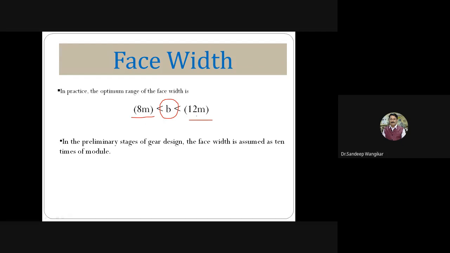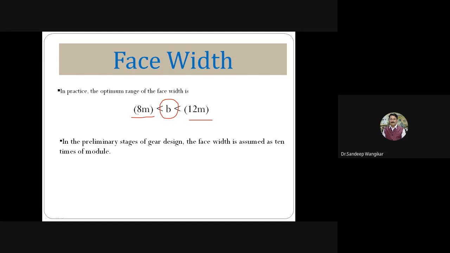In the design calculation, we have to express face width B in terms of module, so that the whole equation gets converted into module. We will calculate the module, and after that we put it in the formula B equal to, for example, 10 times m, and you will get the face width answer also. It is a requirement of the Lewis equation to express the face width in terms of module.